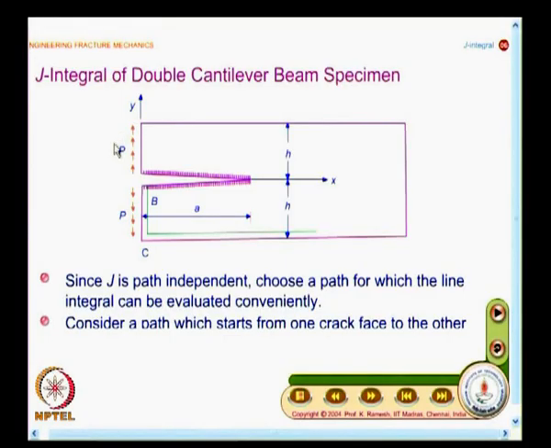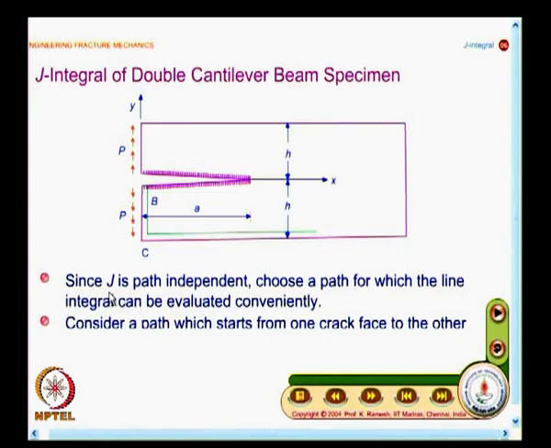So, you replace this load by a shear. So, the integral of the traction on this would be equal to the shear load, that is what we are going to use. So, keeping that in mind, it is shown as a shear, and you have a particular height h, and for all our analysis we are going to consider the length of the beam as a, which is the crack length, and do the computation.